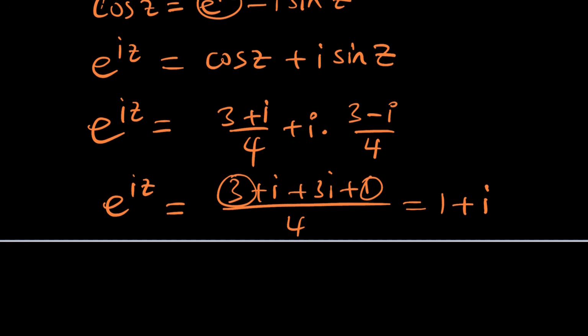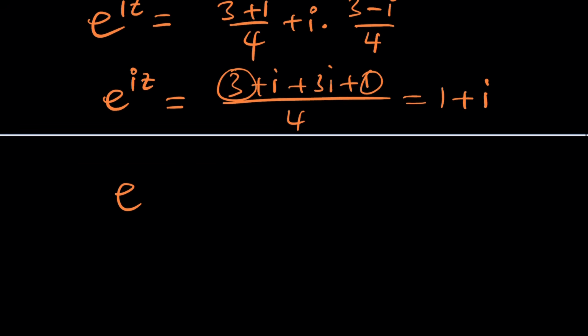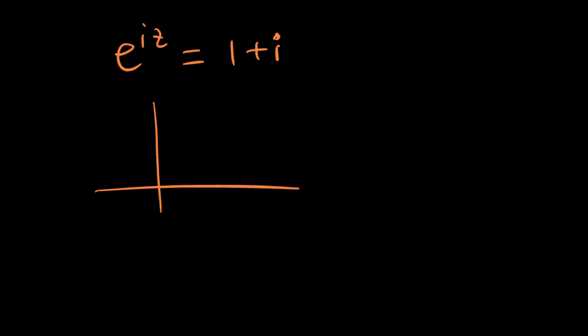Now, if e to the iz is equal to 1 plus i, how can I solve for z from here? Well, you can use the natural log or just think about the polar form. Again, these are all in the lecture videos, but if you wanted to turn this number into a polar form, this is what you should be doing. First, plot the number.